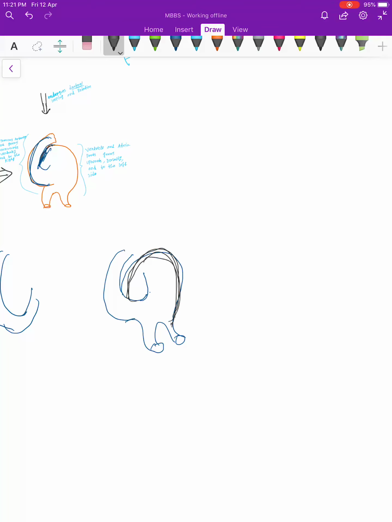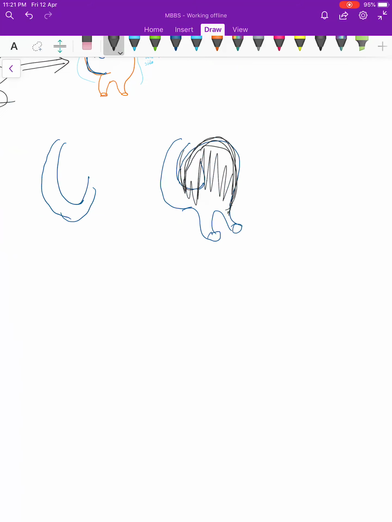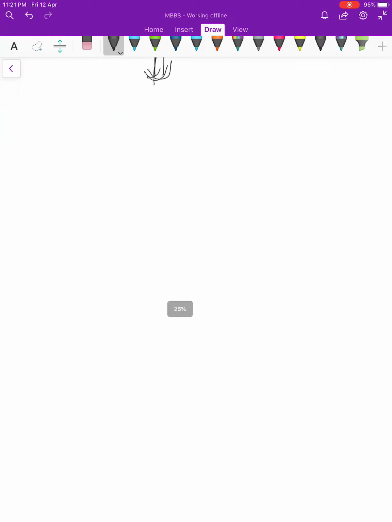Look, upward dorsally and to the left side. Okay, so this is the main important part you have to understand in the development of CVS. The next, those main things are done. Now the heart will complete its development.